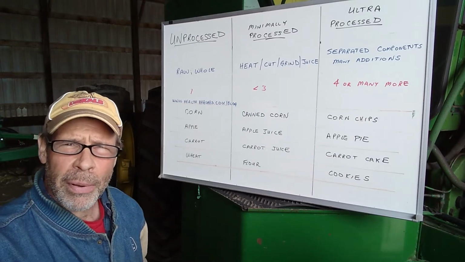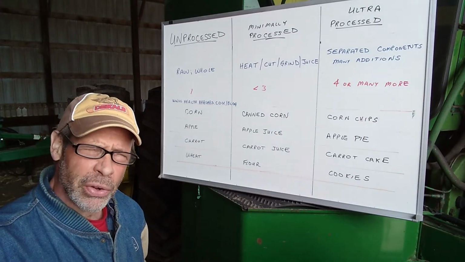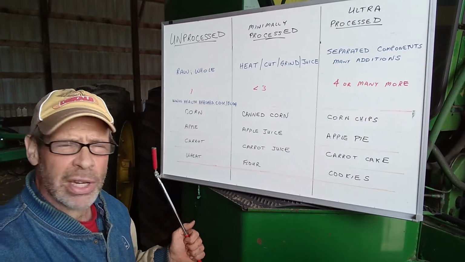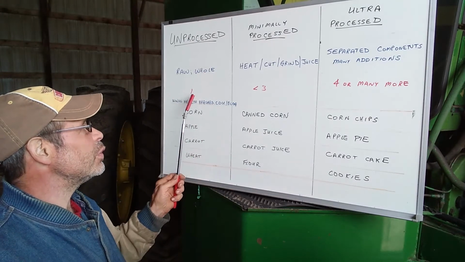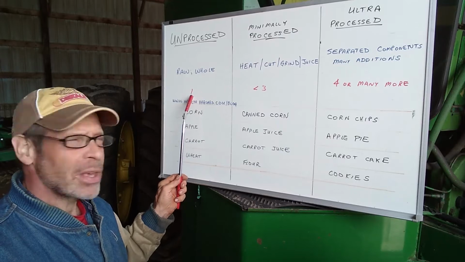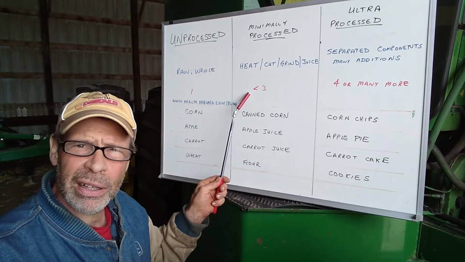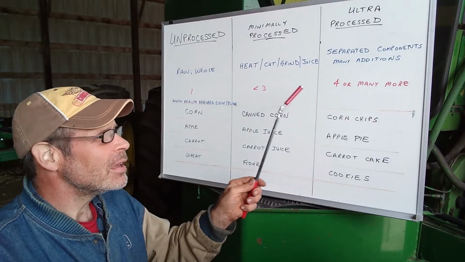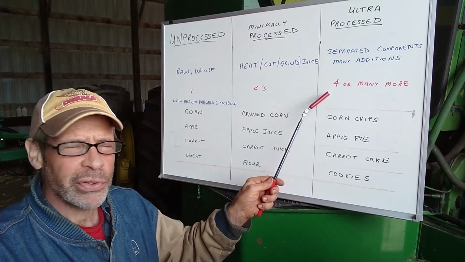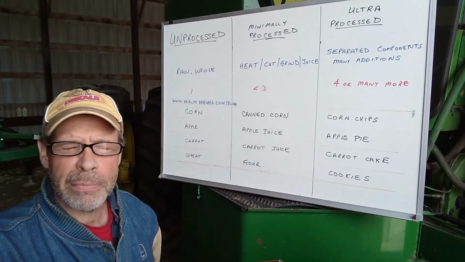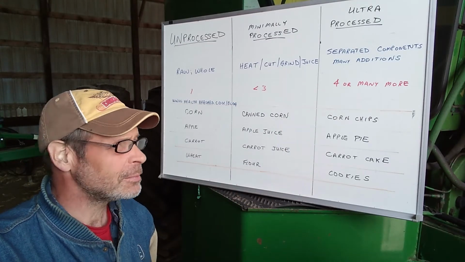So the best way to get an idea of what's going on with these types of foods is to look at the ingredient list. For a raw or whole food, it's basically just one ingredient. If you have a minimally processed food, the ingredients are going to be less than about 3. If you have an ultra-processed food, you're going to have 4 or sometimes many more ingredients.